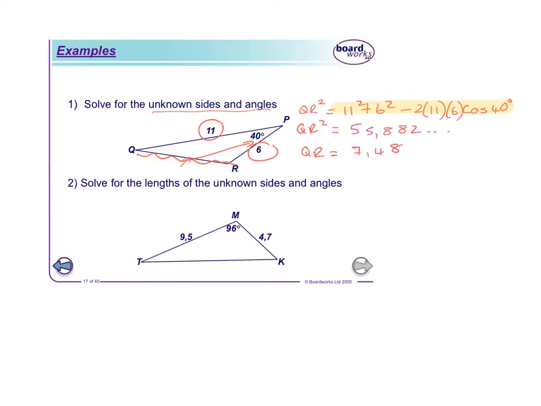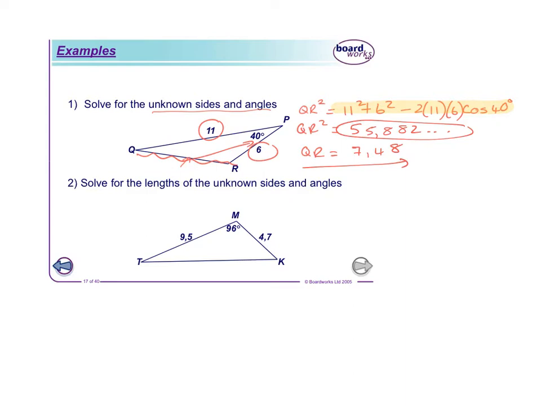So you'll show it as your QR squared is 55,882 something, something, something. Don't round off. Keep the whole number in your calculator. Press the square root and use your answer button, and use the full answer from the second step and then square root it to get your final answer of 7,48.